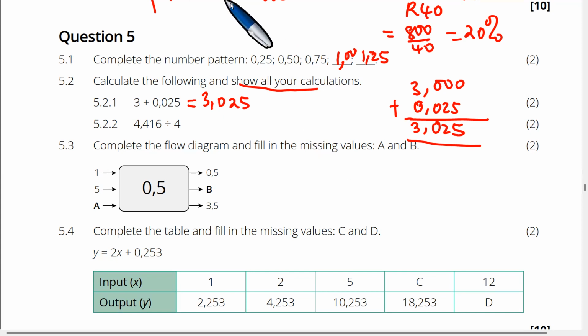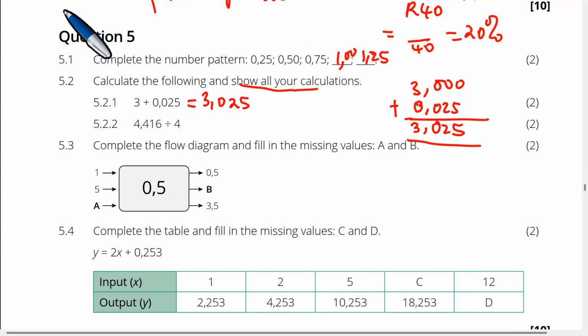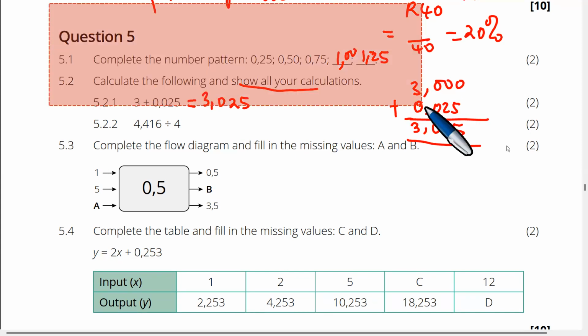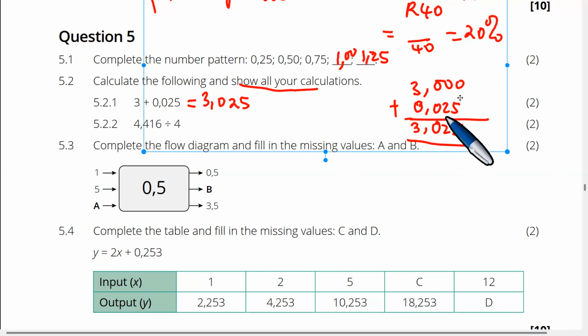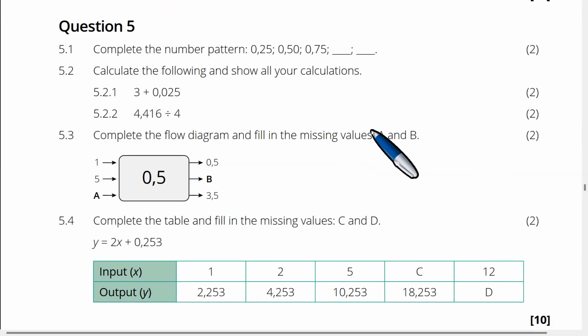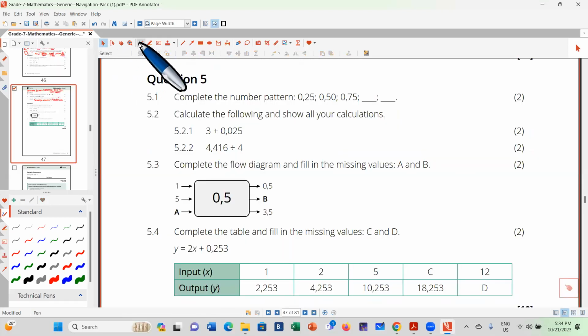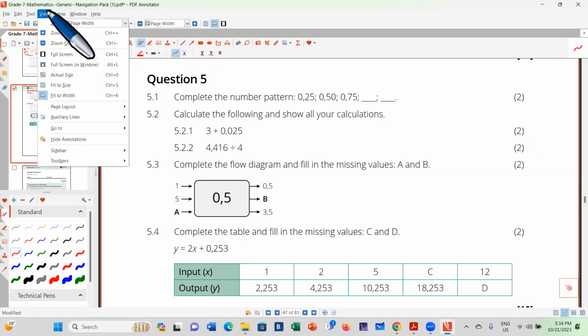So you did this addition in lower primary because now you are in higher primary. Let me just clean up a little bit so that you can see everything very well. Right, so we're good.